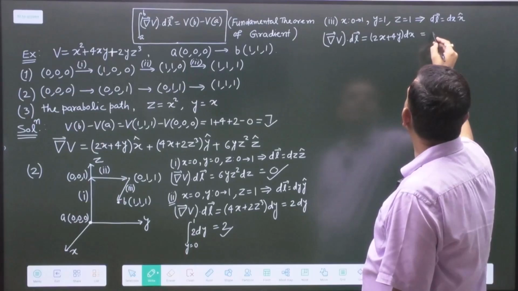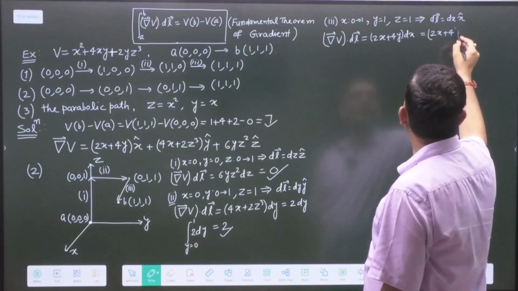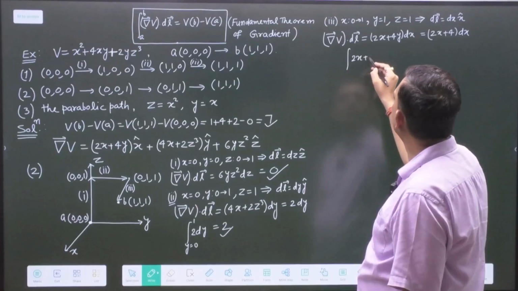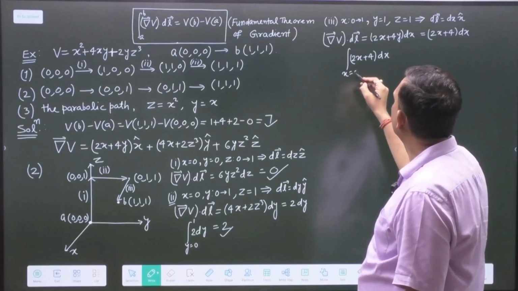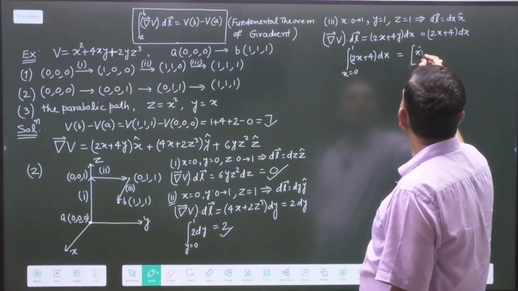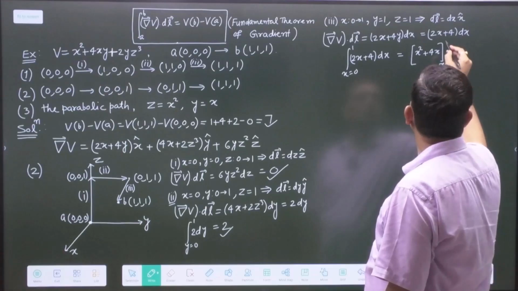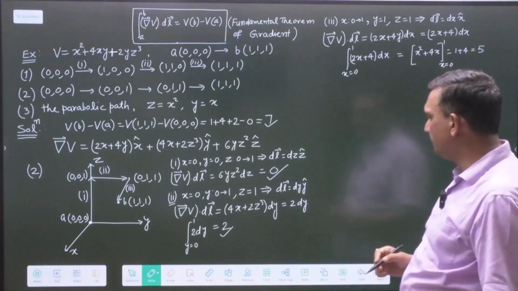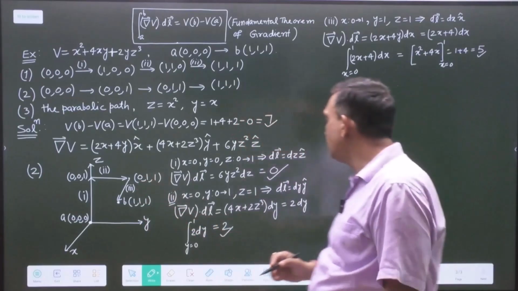So this is 2x plus 4 dx, because y is 1. So the integral of 2x plus 4 dx, x from 0 to 1, will be x square plus 4x from 0 to 1. So this is 1 plus 4, and this value is 5. So along segment 3, the integral of gradient v dot dl is 5.